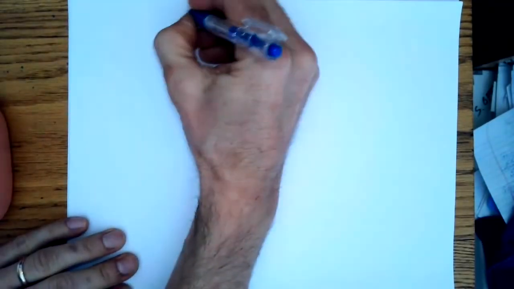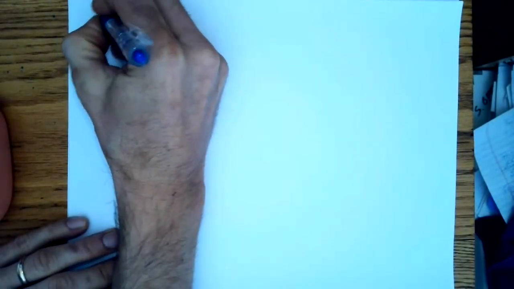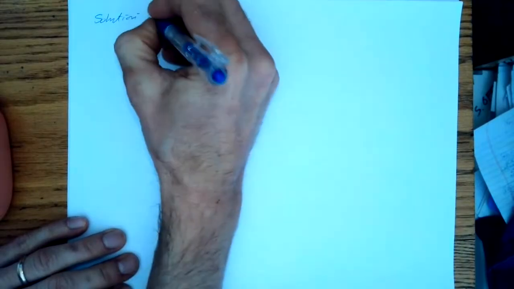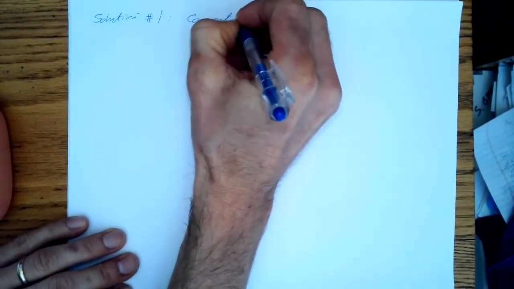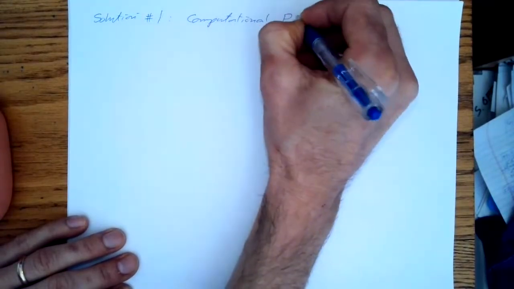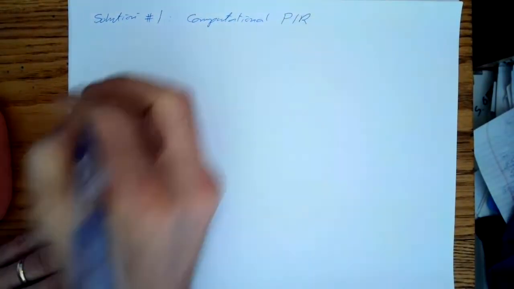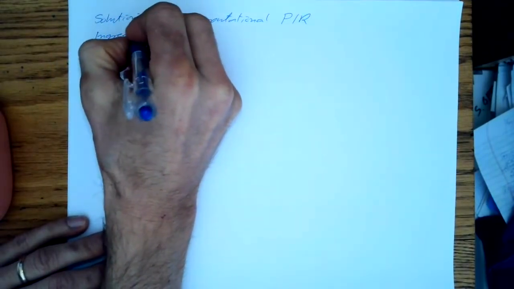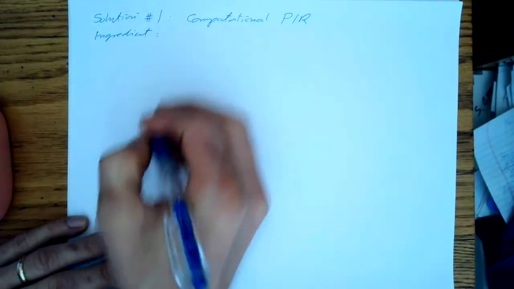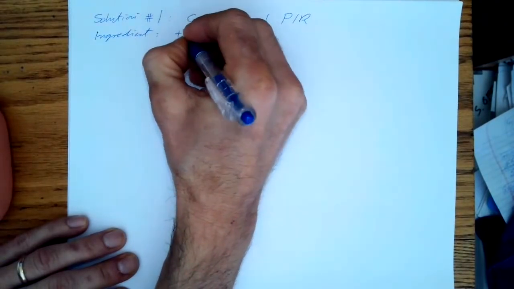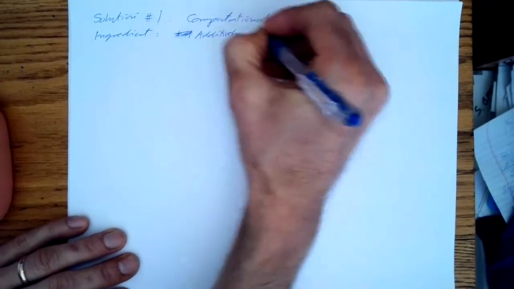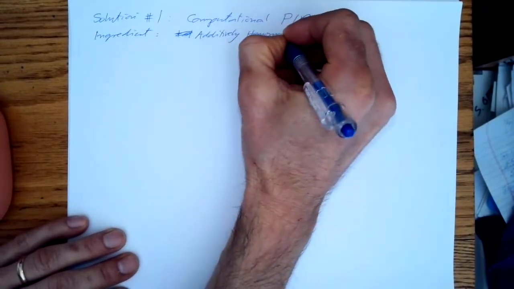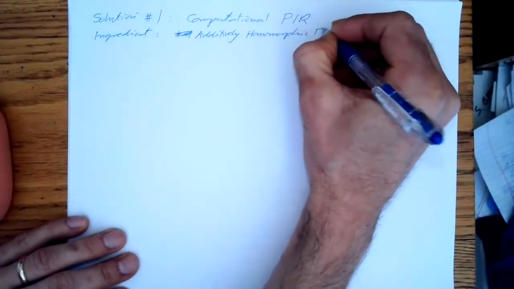Let's start with computational PIR, and the solution will use an ingredient: additively homomorphic public key encryption.